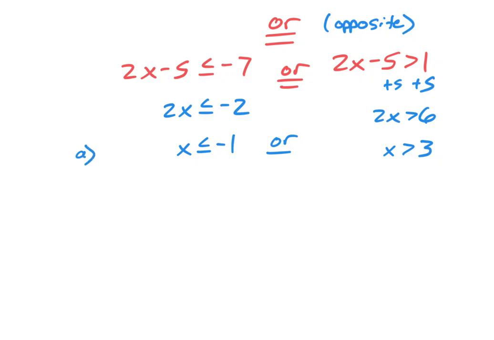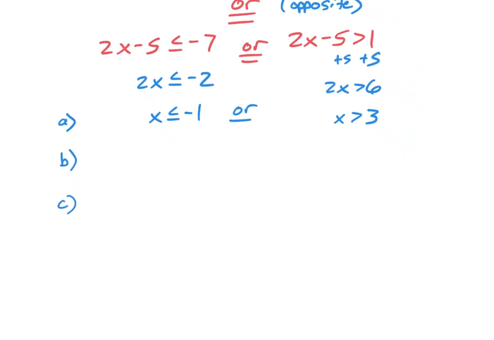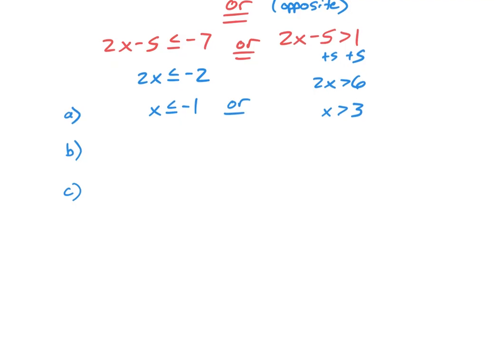And so that would be like our part A. 2 separate inequalities with the or statement in between. Okay, interval notation is going to look a little bit different here. I'm going to do my number line first.